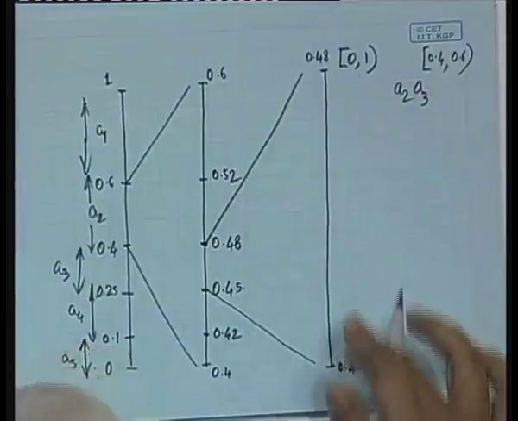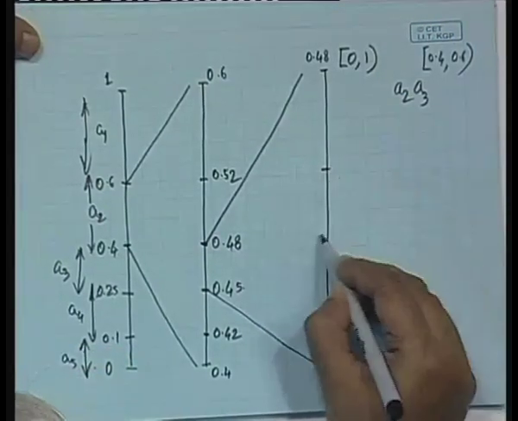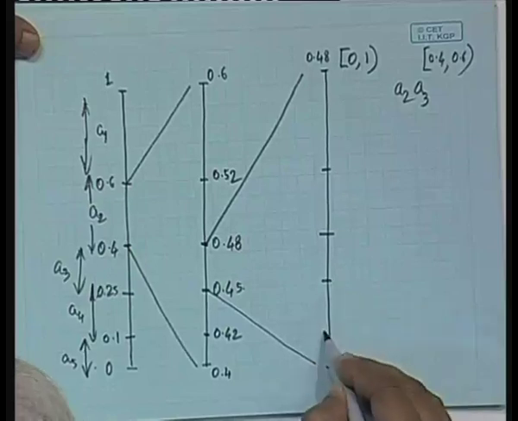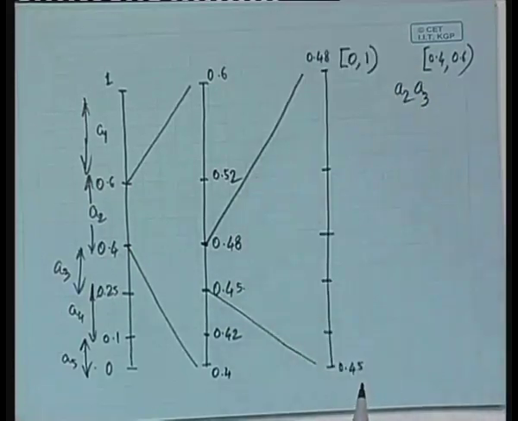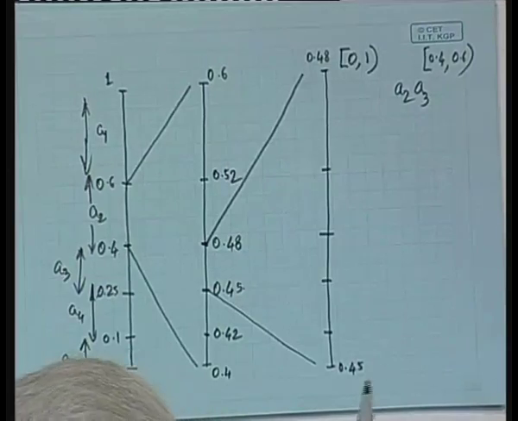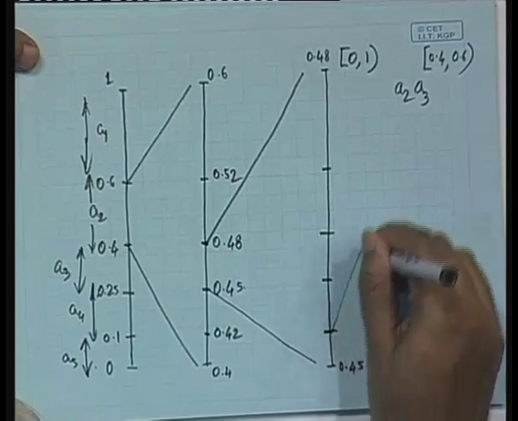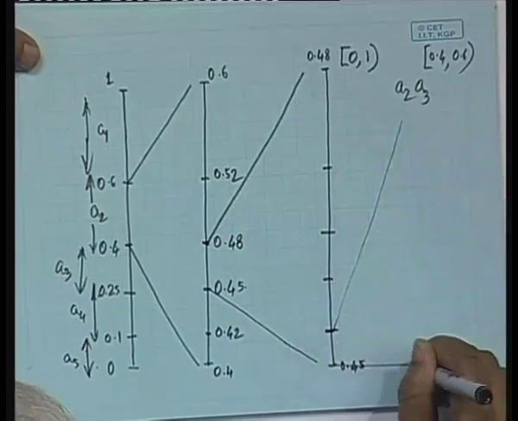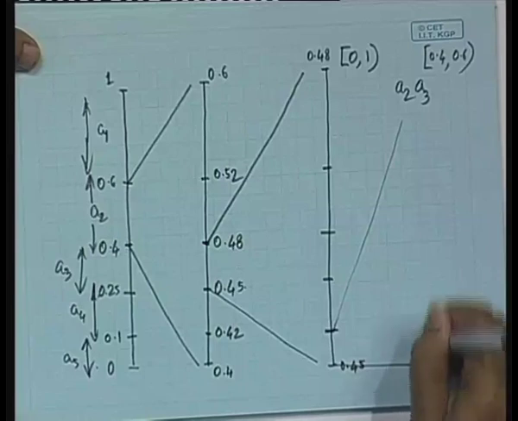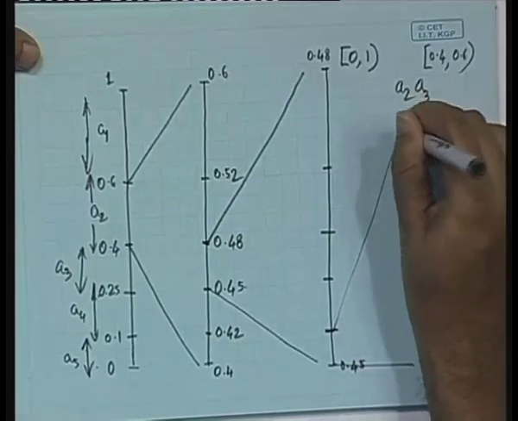So again this 0.45 to 0.48 we have to subdivide into 5 proportional parts as before, and then we have to get the next symbol. Supposing the next symbol is A5, so now this has to be expanded, so it will be 0.45 to some other number.